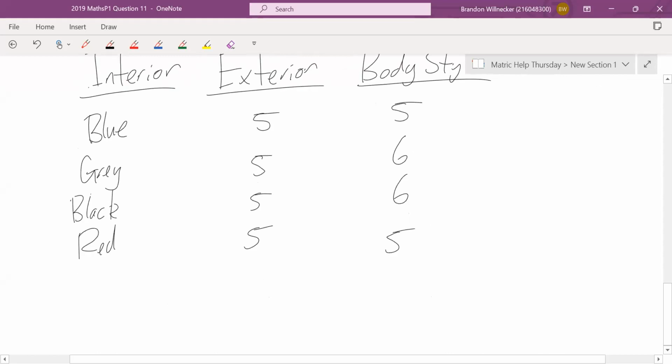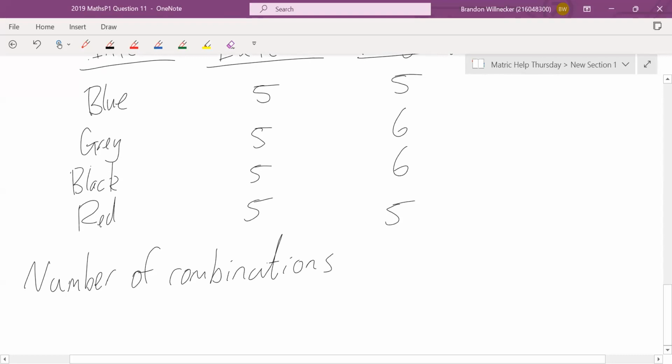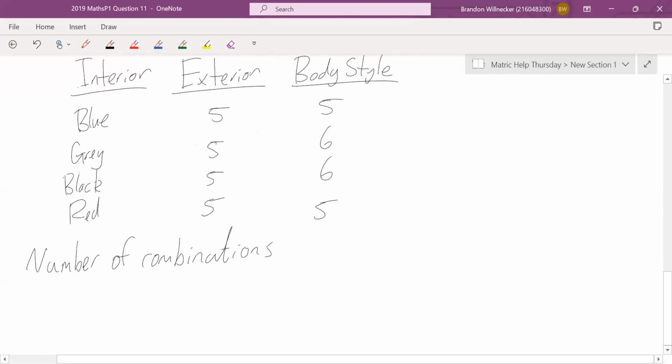So we want to look at the number of combinations. The number of combinations will give us the number of cars that we have available. This is going to be equal to 1, that's our first pick, times 5 times 5. Plus 1 times 5 times 6, that's our second pick.